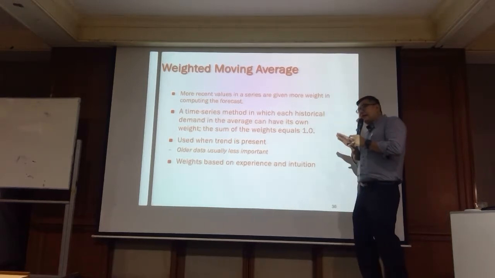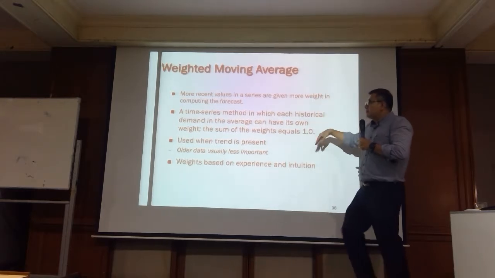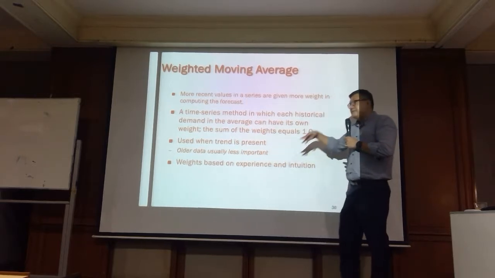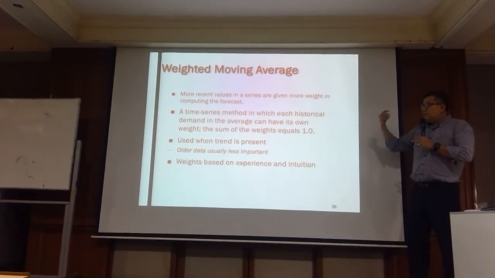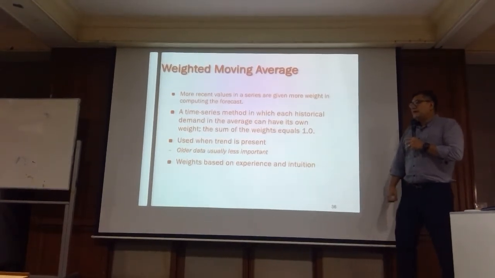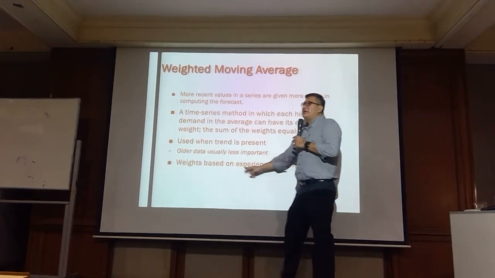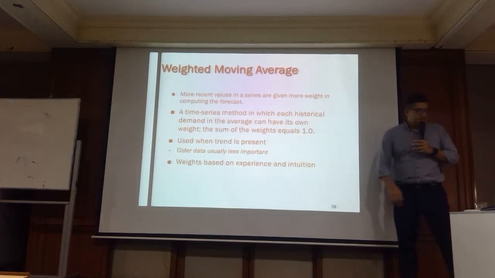But if you have data that have a trend, you should use weighted moving average, because older data is usually less important, and you pay more attention to the very current one. But anyway, there is no rule about the weight. It depends on intuition and it's very subjective. It depends on the user.